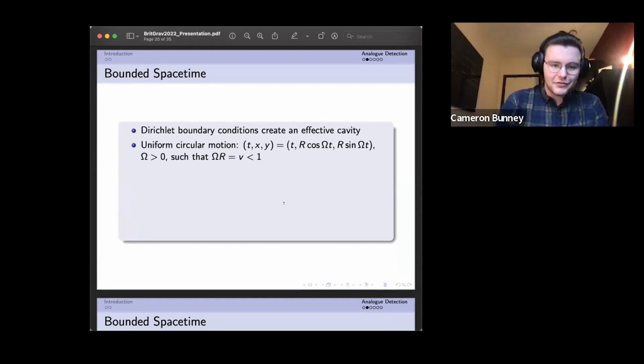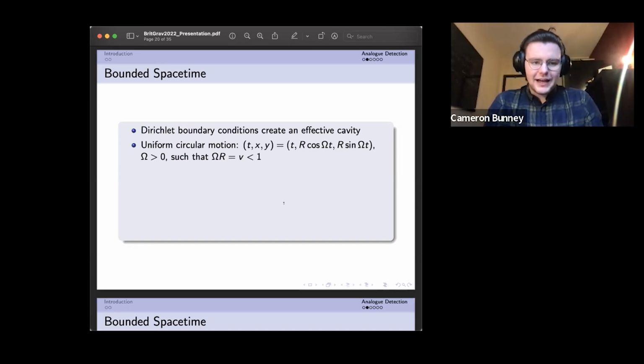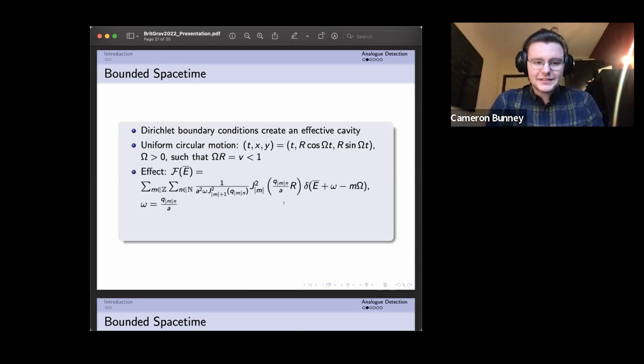So here is our uniform circular motion. Capital Omega is our circular velocity, angular velocity, and we want that Omega times r, which is our velocity, is less than 1, i.e. less than the speed of light or the speed of sound in an analog system. If we do this, we get this double sum for our response function.